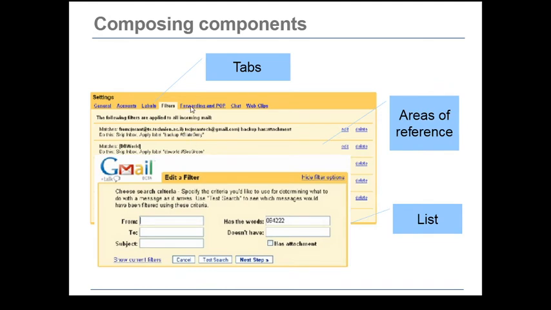Composing components: as we will see in this diagram, in this window there are a number of tabs, this area is called the reference, and this area is called the list, where the user clicks a particular item and then goes to the next page.